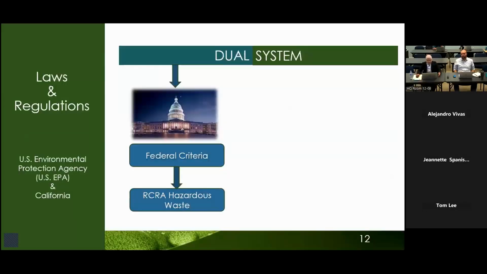The first concept to understand is the dynamics of California's hazardous waste management program, which is based on a dual system. This translates into a structure where both federal and state requirements play a role. At the federal level, the identification of a waste as hazardous is based on the criteria set by the US EPA and is classified as RCRA hazardous waste.